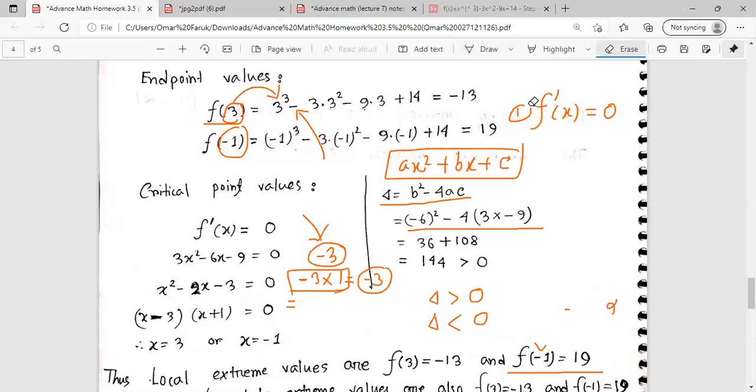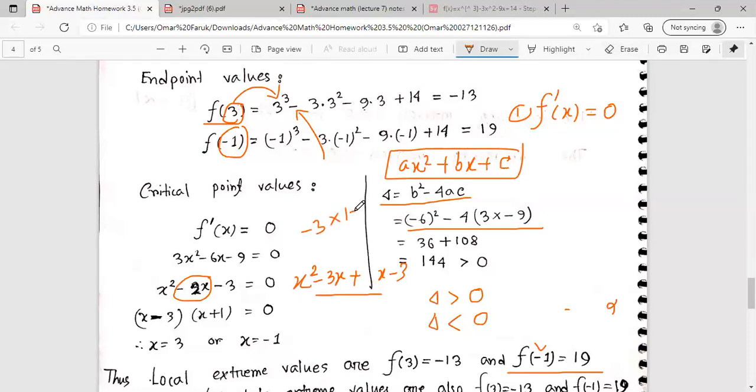So I just write it this way: x square minus 3x plus x minus 3. So I just broke minus 2x into minus 3x plus x. Minus 3 multiplied by 1 is equal to minus 3. So we got x square minus 3x plus x minus 3.